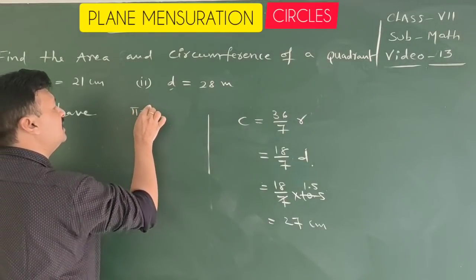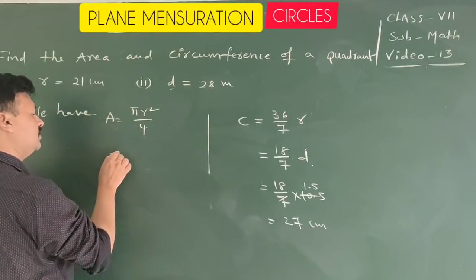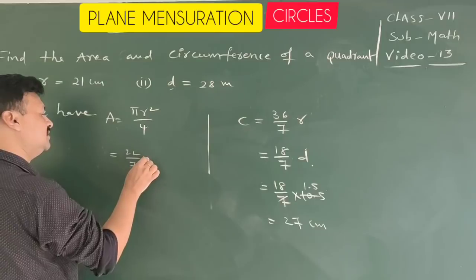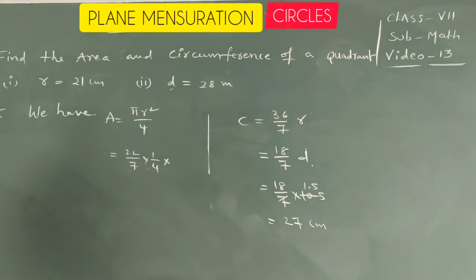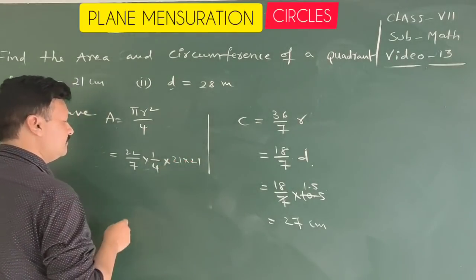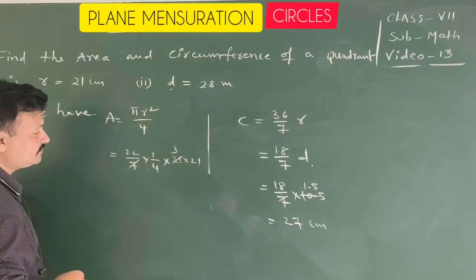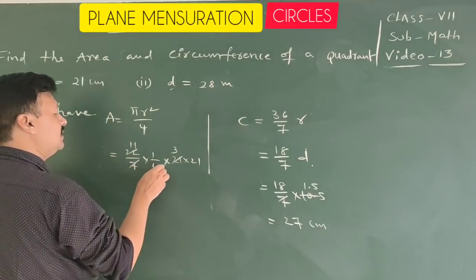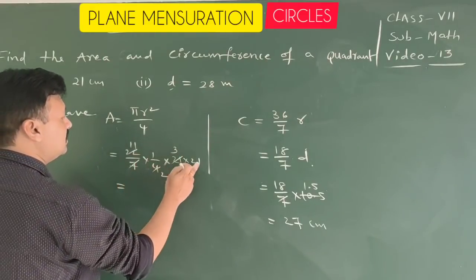Means pi r square by 4. So here pi means 22 by 7 into 1 by 4 into r, 21 into 21. Here 7 3 times. Here 11, here 2. So 33 21s.